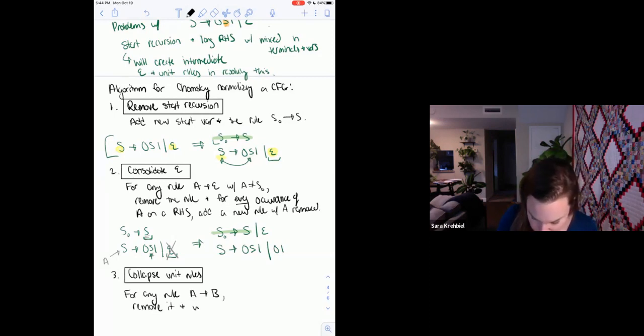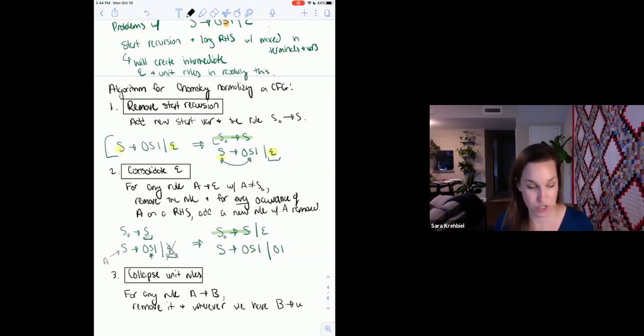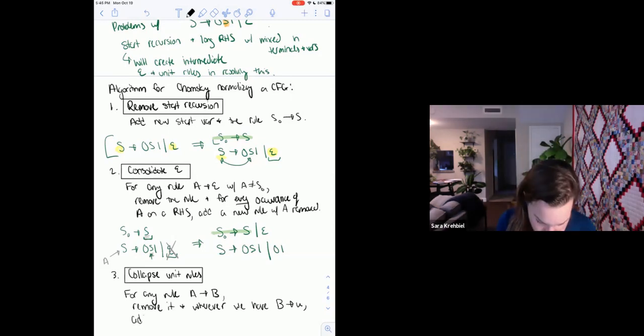And wherever we have a rule that B goes to some string U, which can be any string you want, we're going to add a forwarding rule. A used to be able to go to B and then B could go to U. But since we're getting rid of the A-B transfer, now we need to have a direct A to U transfer.